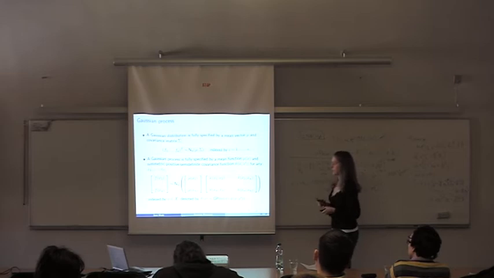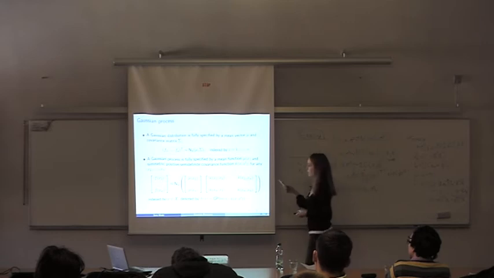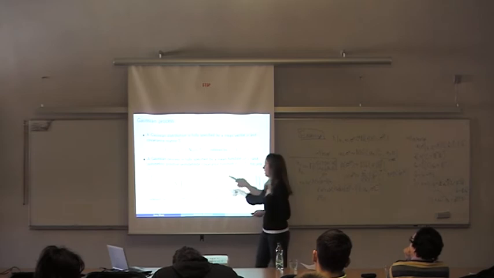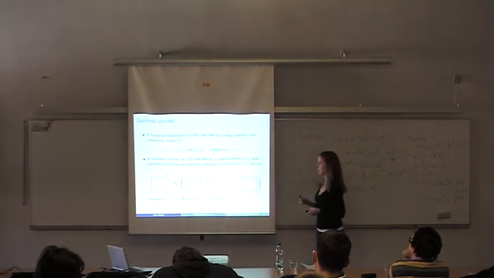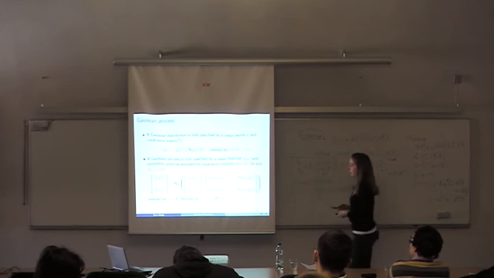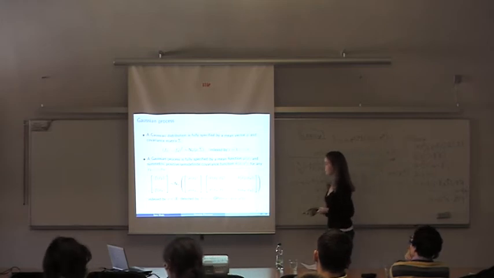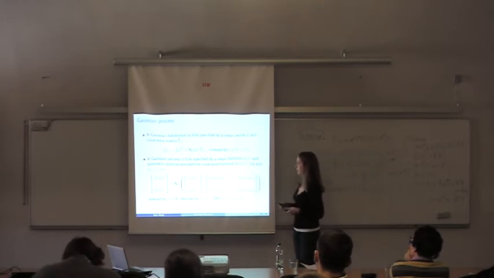So we said before that the Gaussian distribution is fully specified by the mean and covariance matrix. Again, we have that our random variables here are indexed by a finite set. The Gaussian process, instead, is fully specified by a mean function and a symmetric positive definite covariance function, which we'll denote as k.